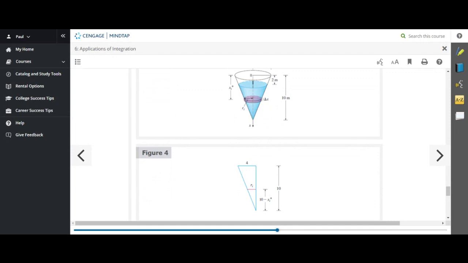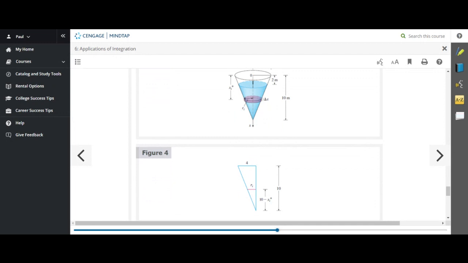If you look at the tank, there are two similar triangles. One triangle is 10 meters high and 4 meters across. That's the big triangle that goes from the bottom of the tank to the top of the tank.